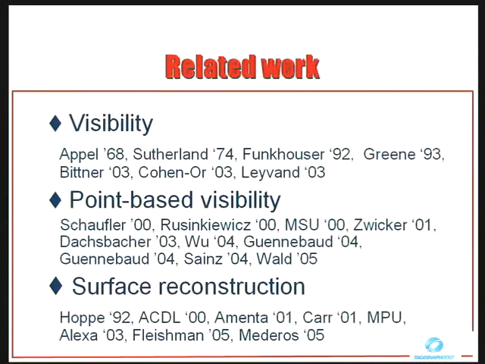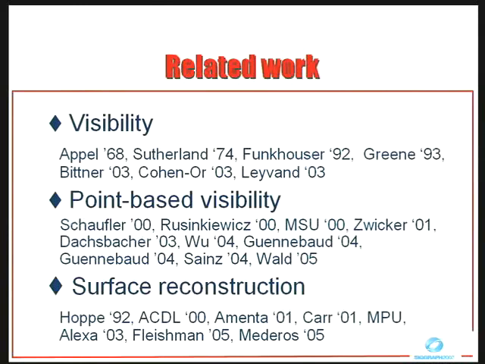So this work is at the crossroads of three fields in graphics. The first is visibility, which has been a basic problem in graphics from its early days. However, most of the work in this field addressed visibility between polygons. While our goal is different, we would like to determine visibility of the points should the surface they are sampled from exist. The second area is point-based graphics.